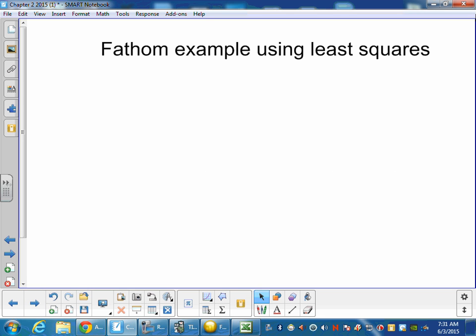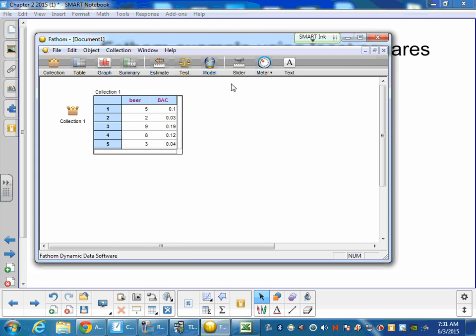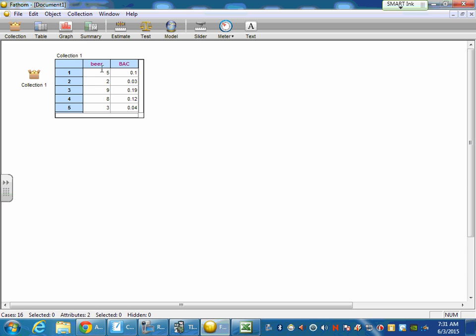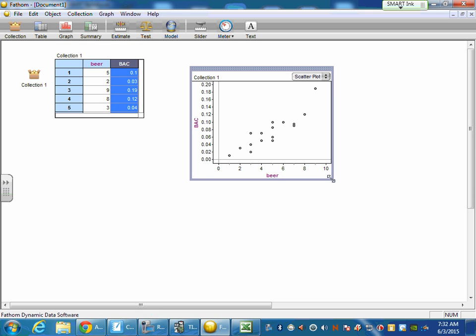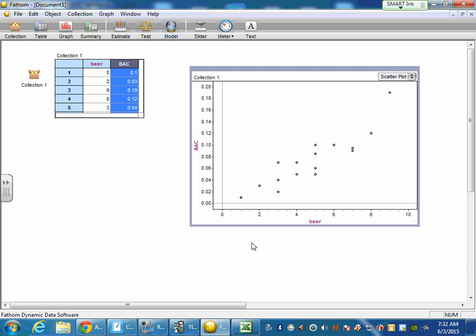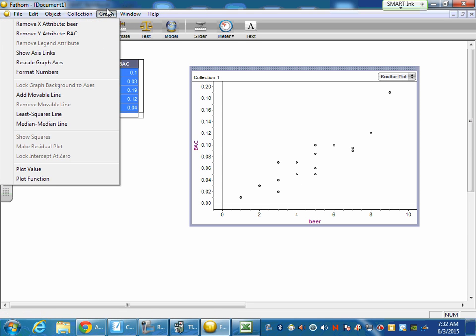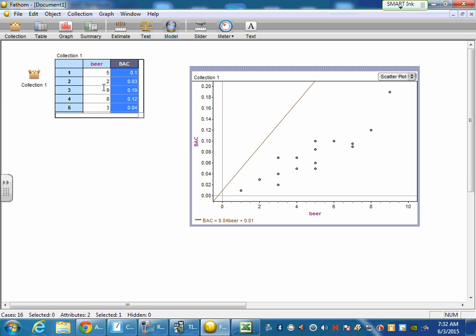Now, if I wanted to make a graph, I'll take out Fathom, and I have my variables, and I'm going to put the beers here, and I'm going to put the blood alcohol content here. And so now I have a nice graph. Now if I want, I could add a movable line and move it in here.